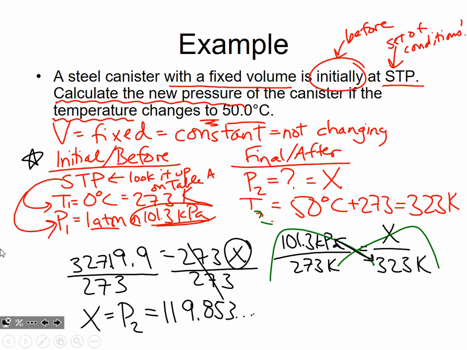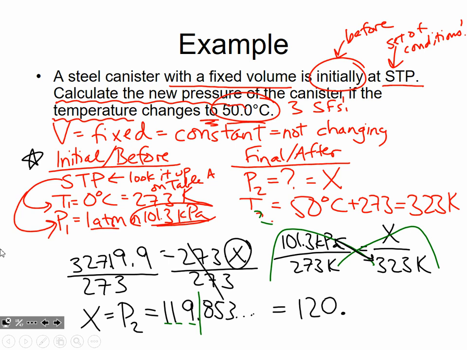And I get 119.853, blah, blah, blah. Looking at sig figs, there are 3 sig figs in this number. Again, there is a decimal. That means we're coming in from the left. So the zeros that follow are actually significant. So I want 3 sig figs in my answer here. So I want these 3, but I am going to round. And the way I can round this and still have 3 sig figs, I can do 120 and then I can add a decimal, and then I don't need anything that actually comes after the decimal.